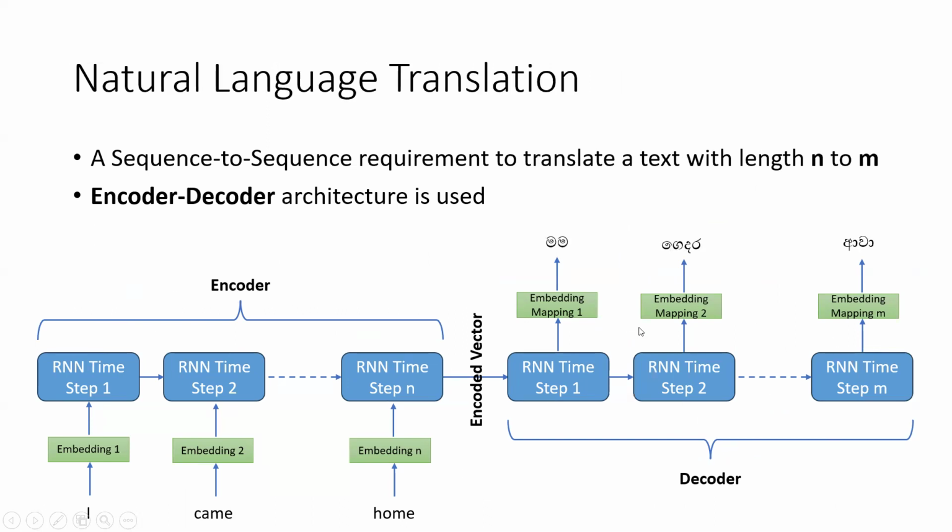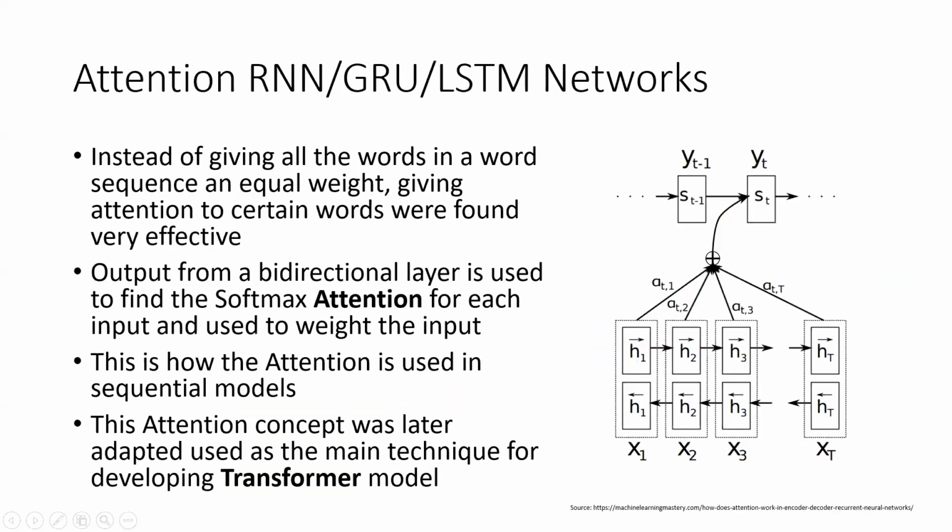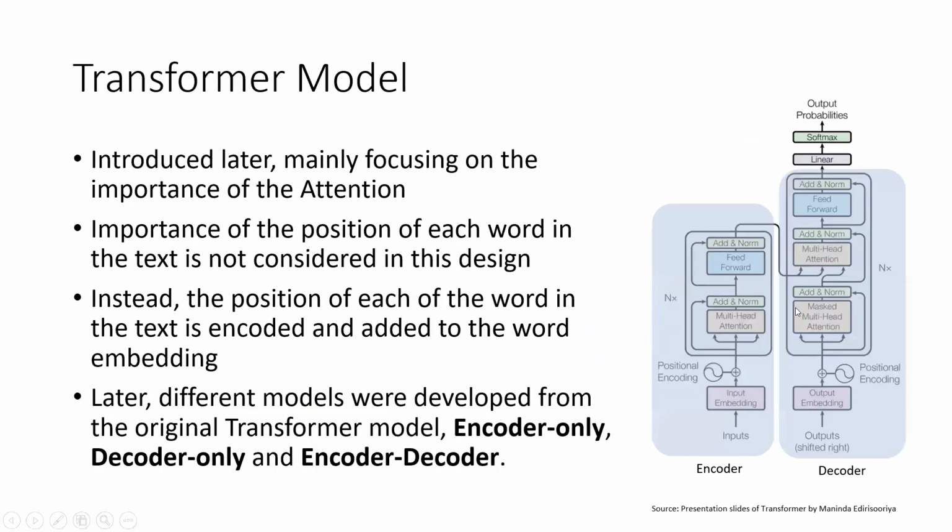Using an encoder and a decoder, you can translate from one language to another language. Using the encoder-decoder pattern, you can also ask a question and get an answer, right? So using these encoders and decoders, you can do the same kinds of things.